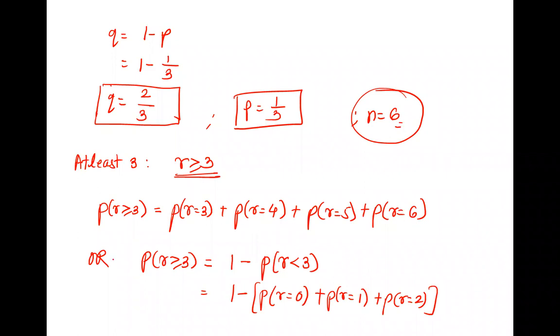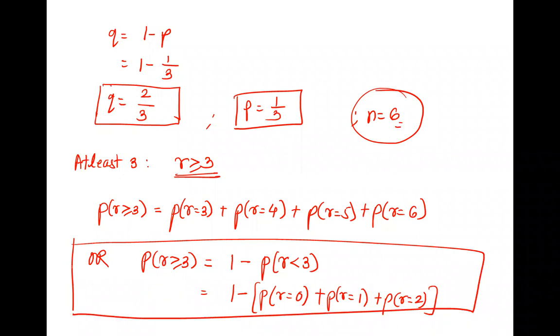Not much difference. You can go directly if you want. Some people can solve like this, some like that. Please solve like this first. So probability of R greater than or equal to 3 is equal to probability of R is 3, 4, 5, and 6.